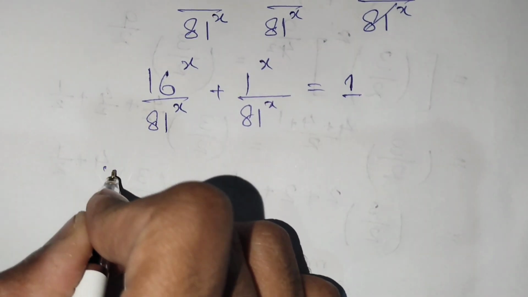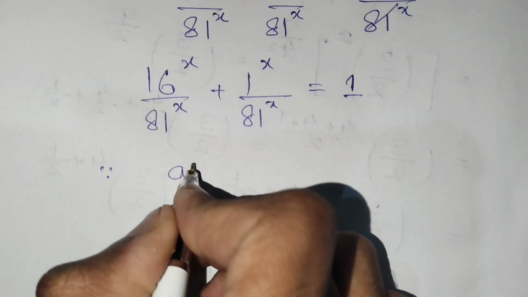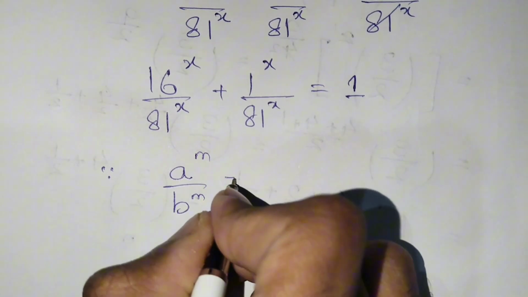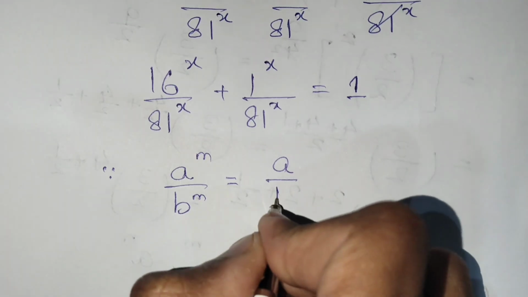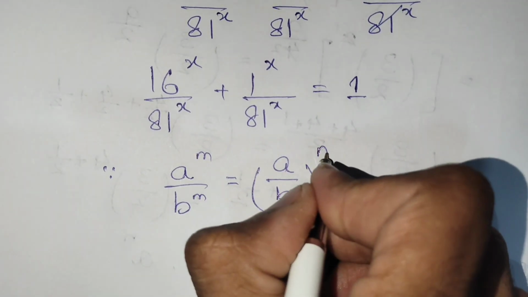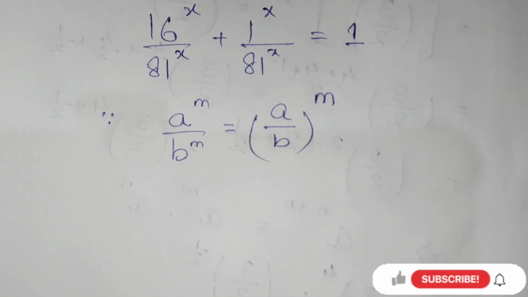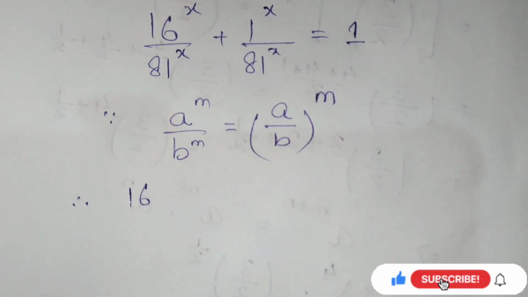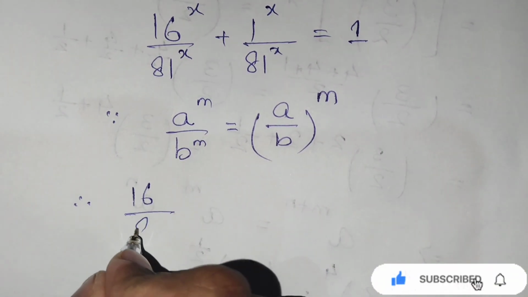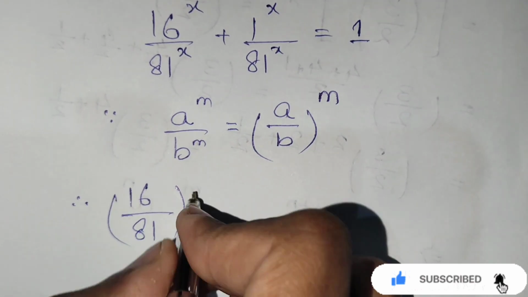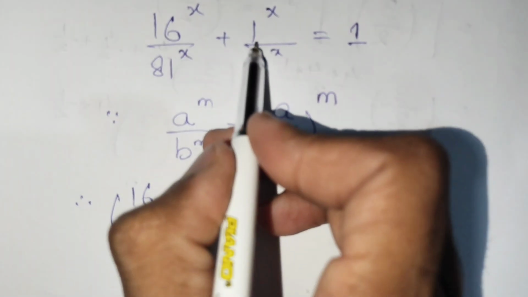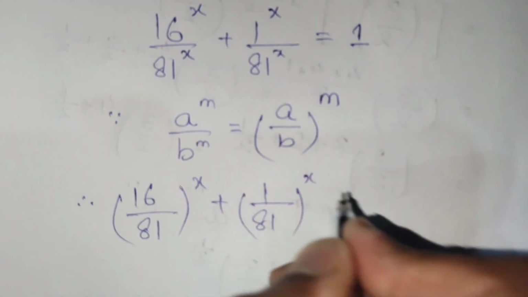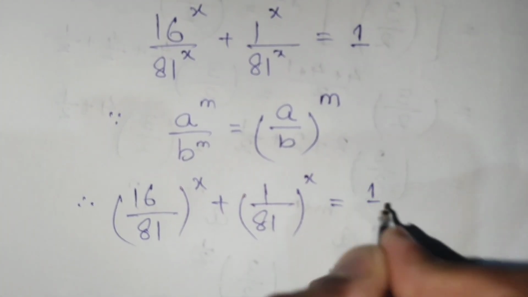We know the formula a power m over b power m is always equal to a over b whole power m. So it will be 16 over 81 whole power x plus 1 over 81 whole power x is equal to 1.